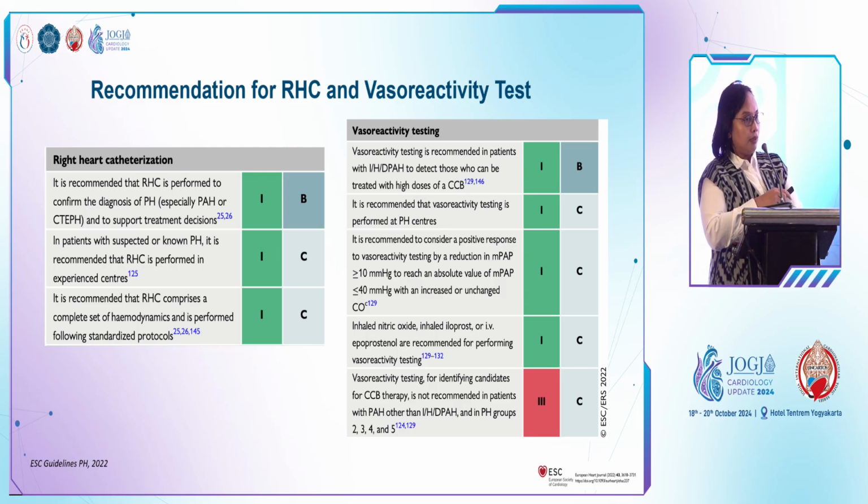So basically, since most of you are doctors in primary healthcare, if you see patients with an echo of intermediate to high probability of PH, then you should refer for right heart cath.